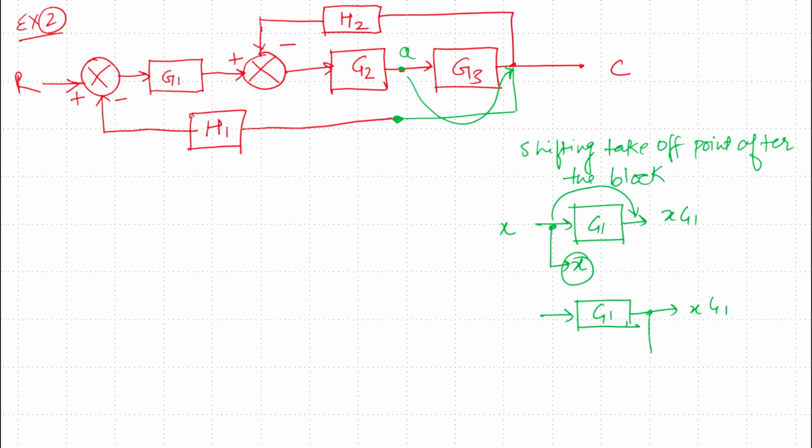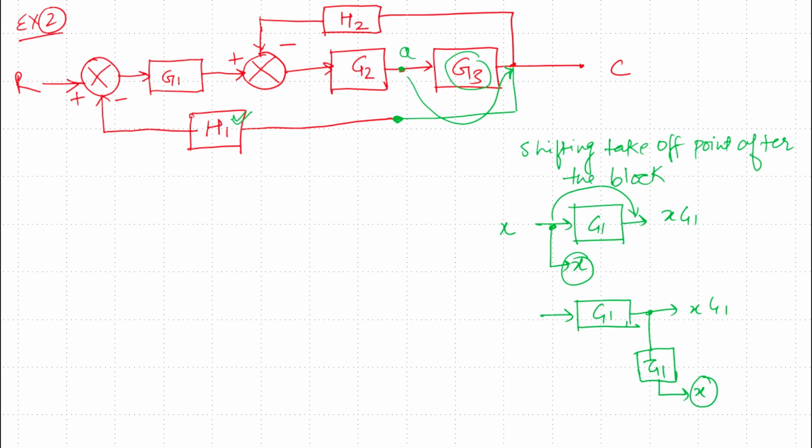So what will be the value? We need to divide this with the gain G1. We will multiply by 1 upon G1 so that we can get the exact value X. So the rule is, if we shift this takeoff point after this block G3, the signal will be divided by this gain G3.